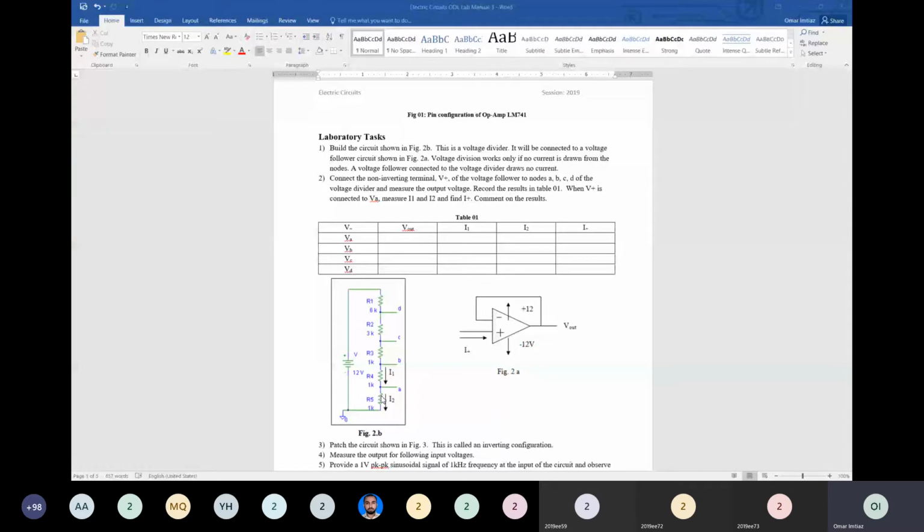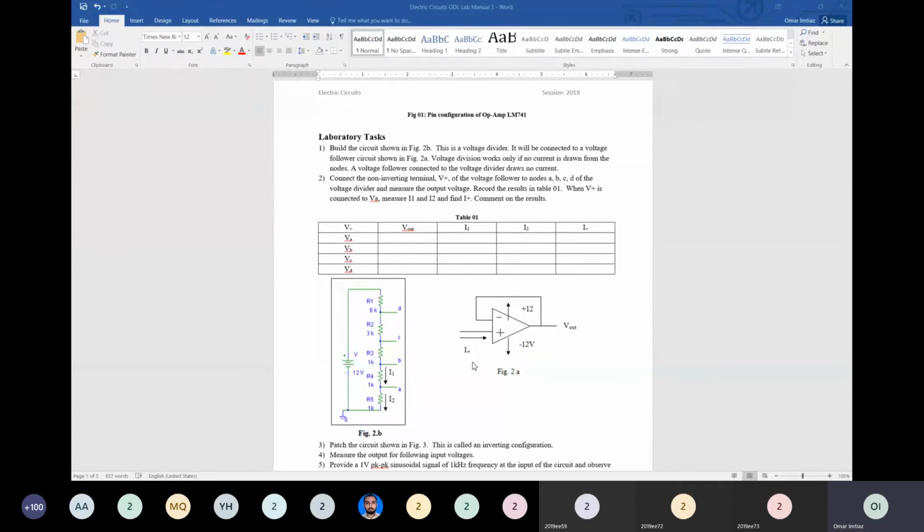So when I am using the B terminal, I1 will be the current through R3 and I2 will be the current through R4. Similarly, when I'm using the C terminal, I1 will be the current through R2 and I2 will be the current through R3. So above and below the terminal that you have connected with the positive terminal of your operational amplifier will give you I1 and I2.